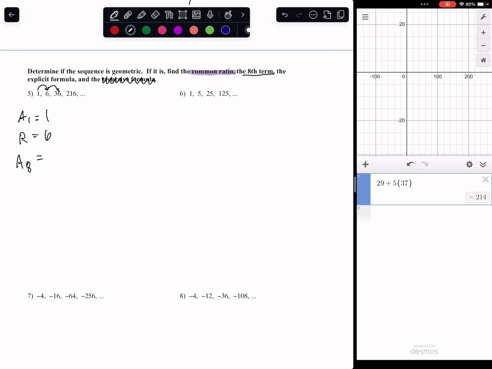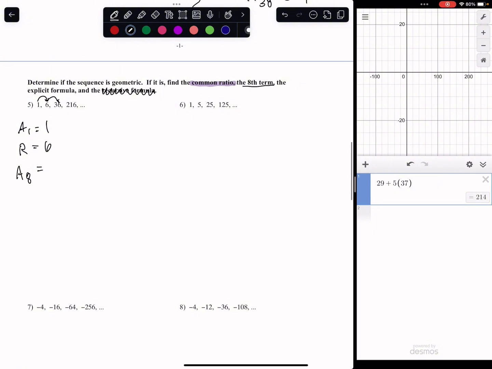We're going to do only explicit, save some time. So A of 8 is going to equal, so remember the formula was A of n equals A of 1 times R to the n minus 1. This is our fantastic formula right here.